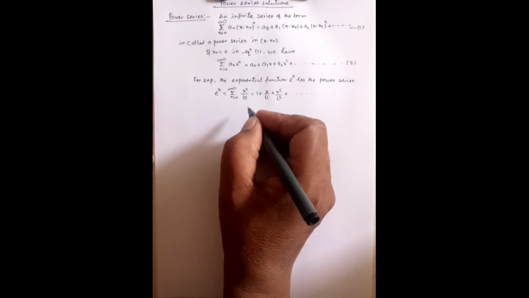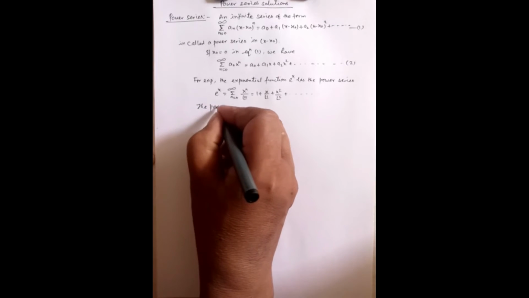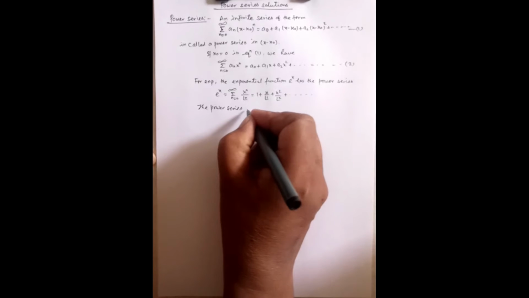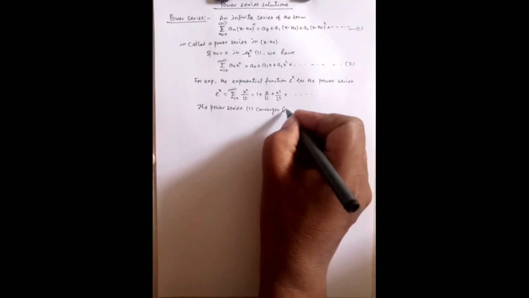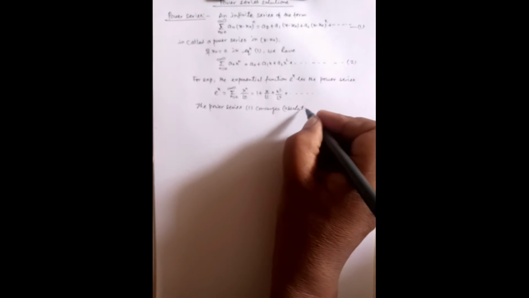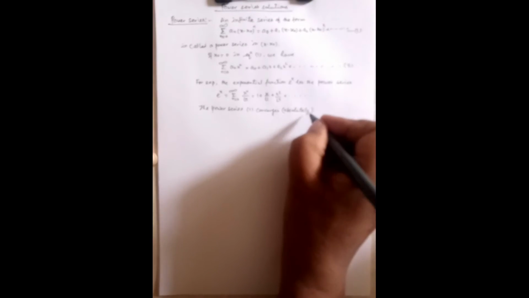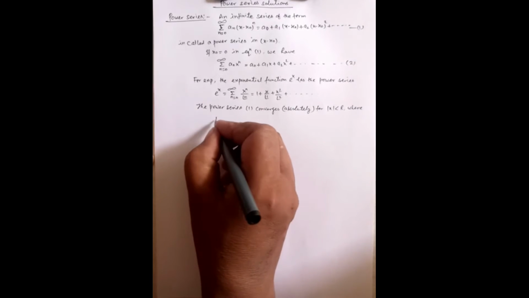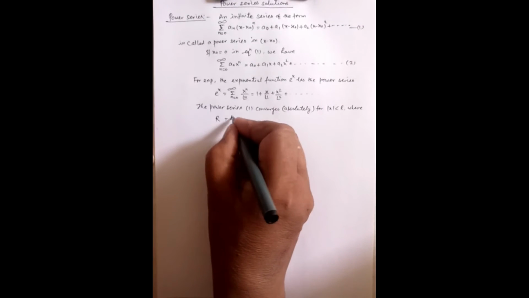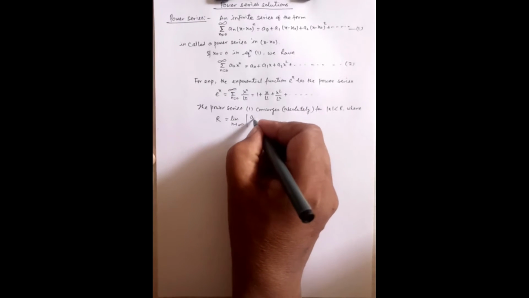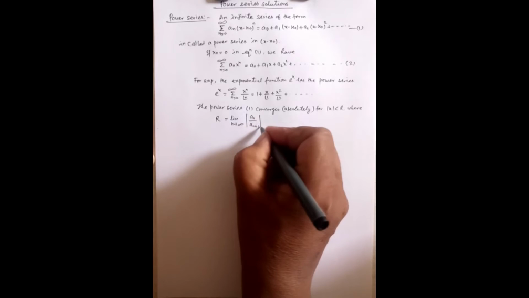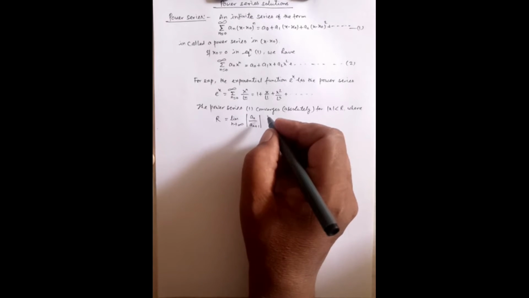The power series first converges absolutely for mod of x less than R, where R is equal to the limit as n tends to infinity of mod of a_n upon a_(n+1), provided the limit exists.